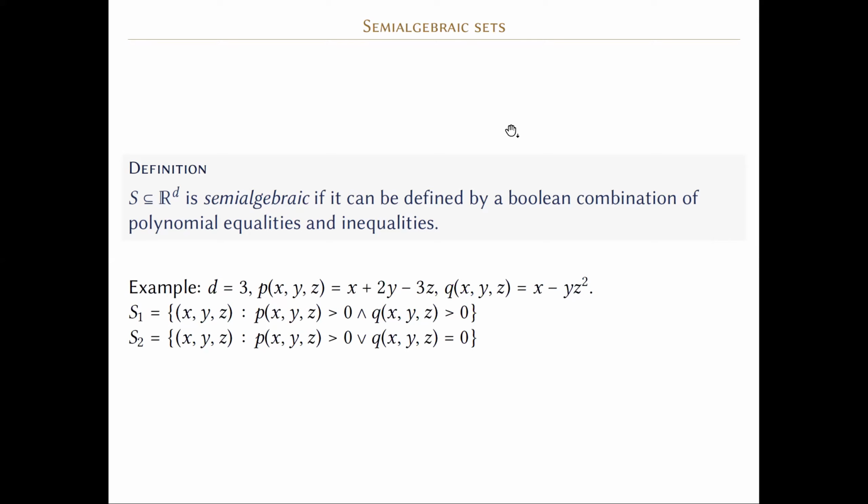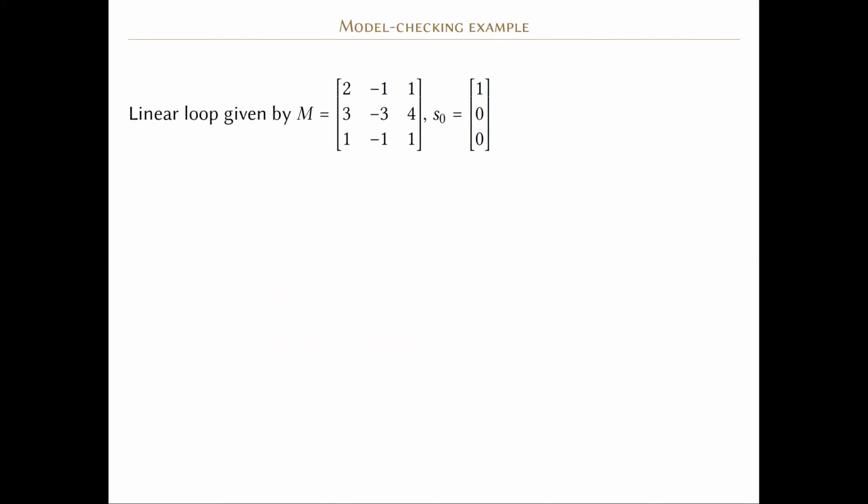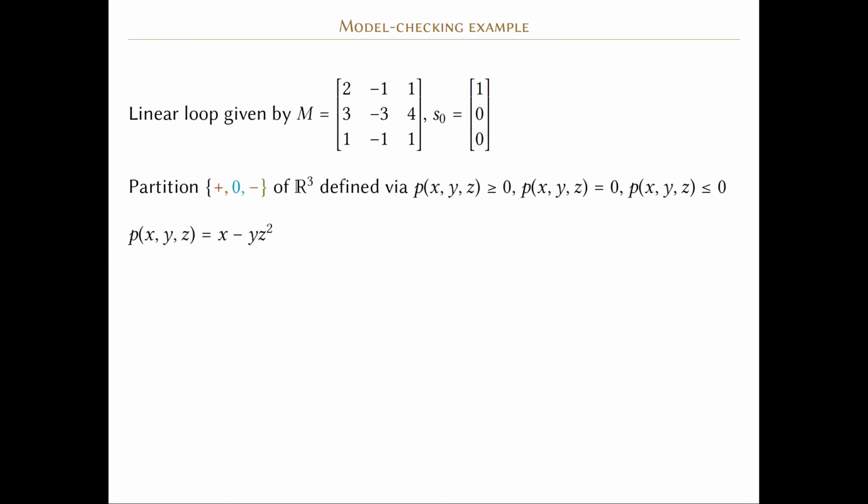Now let's look at a concrete model checking example with a concrete semi-algebraic set to see the connection to linear recurrence sequences. Suppose we have this particular matrix M and starting value 1, 0, 0, and our semi-algebraic partition is created using a single polynomial P. So the three-dimensional space is partitioned into three parts, where the polynomial P is positive, where it is equal to 0, and where it is negative.